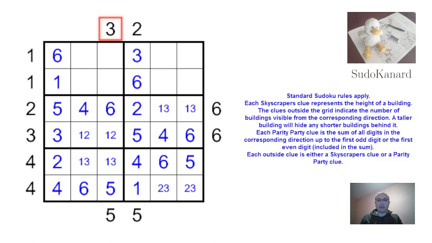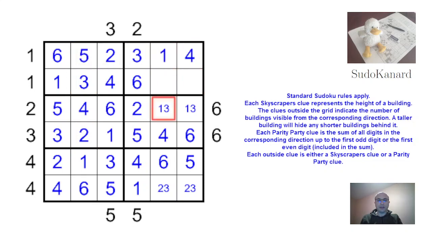So it's a skyscrapers. So 4 can't be in first position. So that's a 4. And that's a 2. And now it shows, I think. That's a 3, that's a 5. That's a 1, that's a 4. 3 and 1, 2 and 3. 5 and 2.